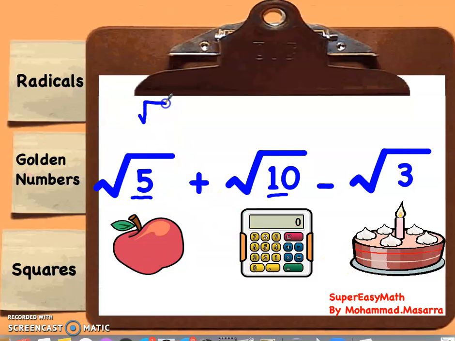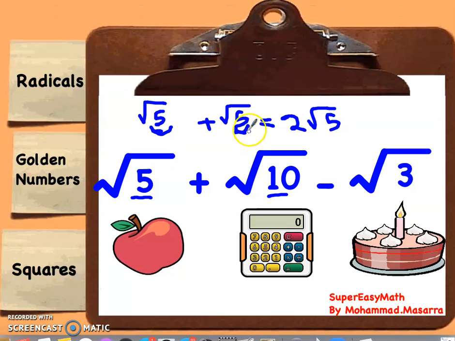For example, radical 5 plus radical 5. So here we have the same radicand. Imagine as if we are adding an apple to an apple, we will get 2 apples. So the first thing you should take into consideration when adding square roots is that they should have the same radicands.